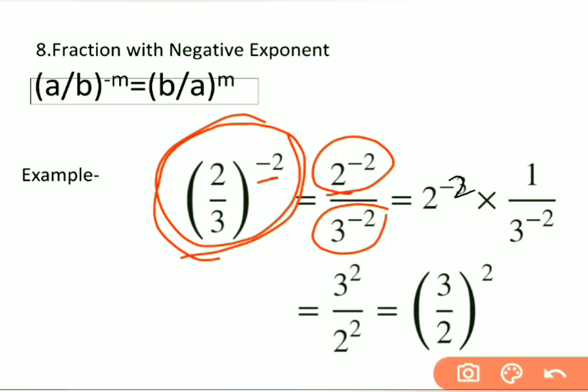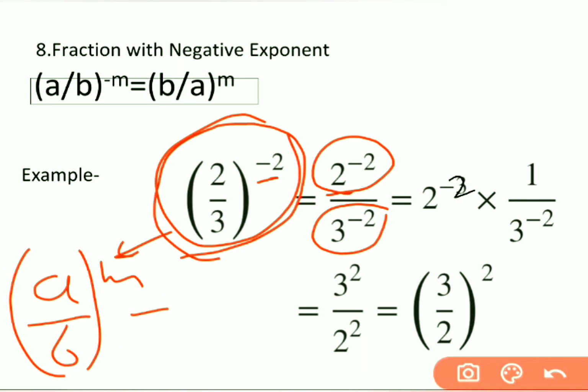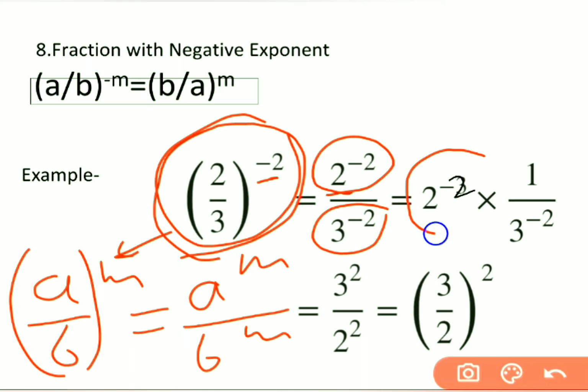Here we will apply the law of exponent a upon b raised to the whole power m is equal to a raised to the power m upon b raised to the power m. We write it as 2 raised to the power minus 2 into 1 upon 3 raised to the power minus 2.